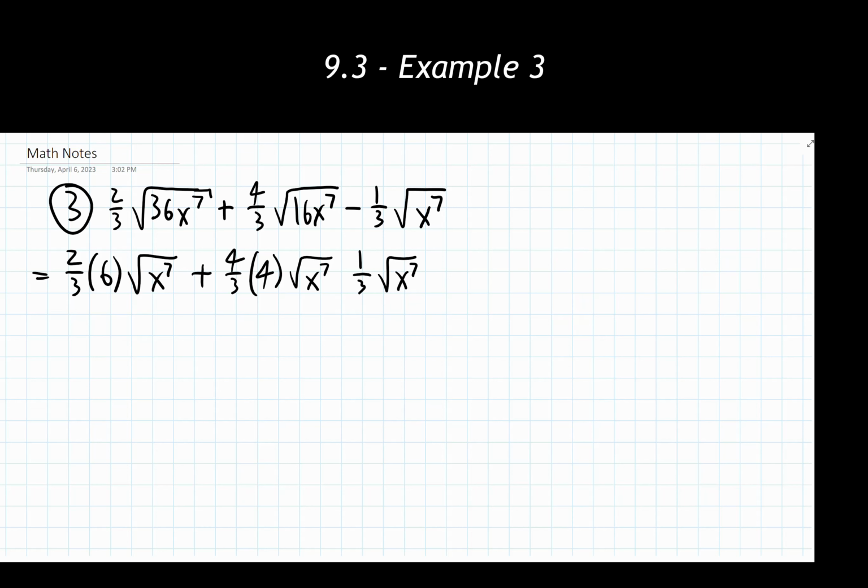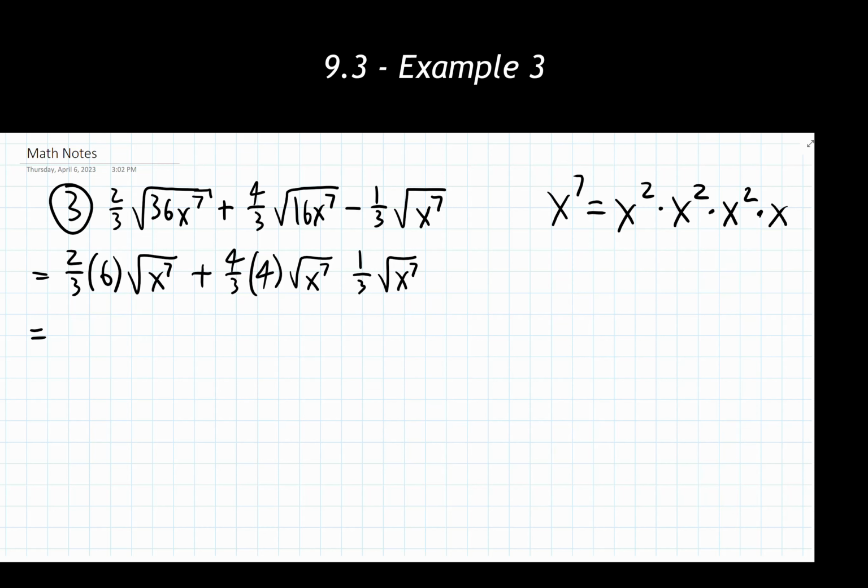Now, looking at x to the 7th, put this off to the side here, I could rewrite this as x squared times x squared times x squared times x. And we notice we have 1, 2, 3 perfect squares here. So each of those would come out front as an x. Because I have 3 x's multiplying together, that would become x to the 3rd.